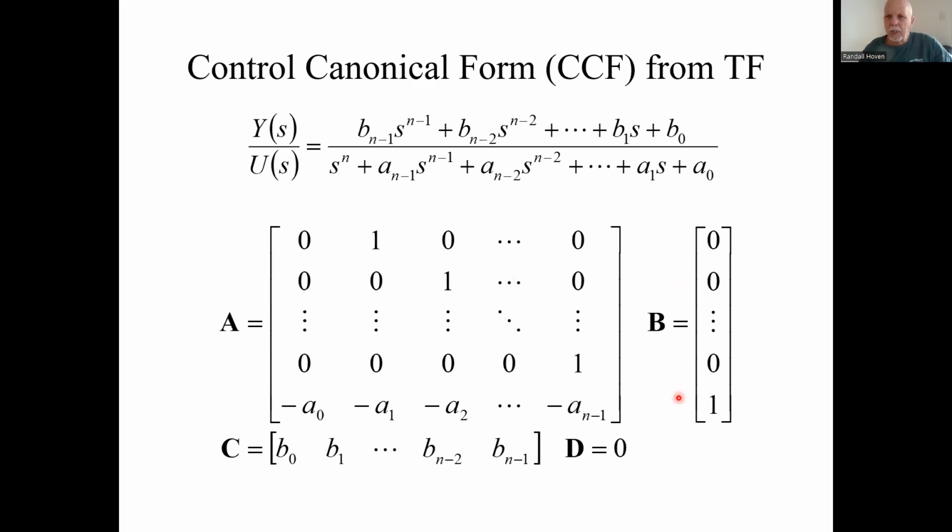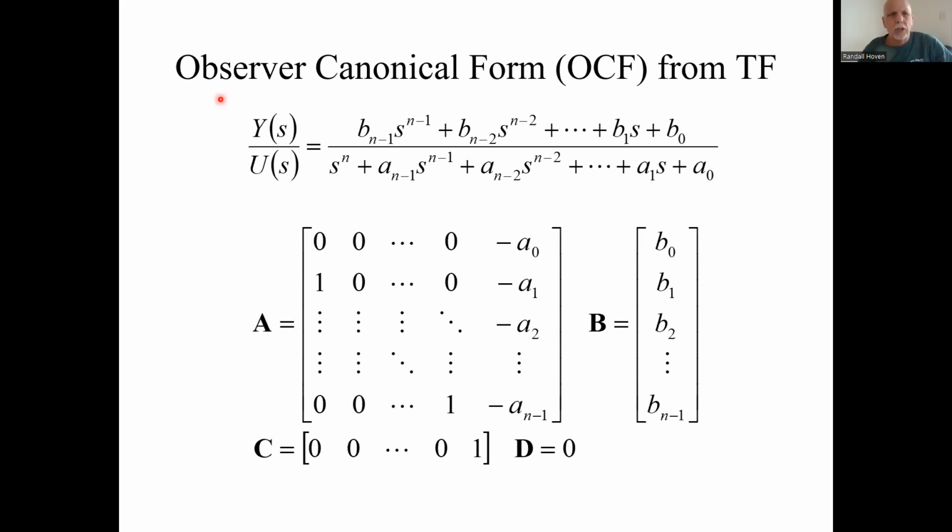I won't go through this. This would be something you put on a formula sheet, so don't bother memorizing this. But if you had the transfer function, you could come up with the control canonical form of the state space.